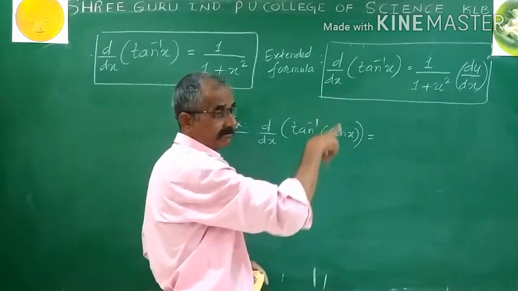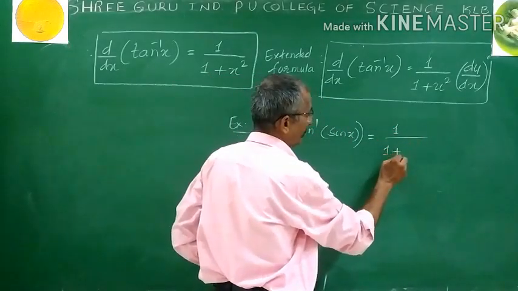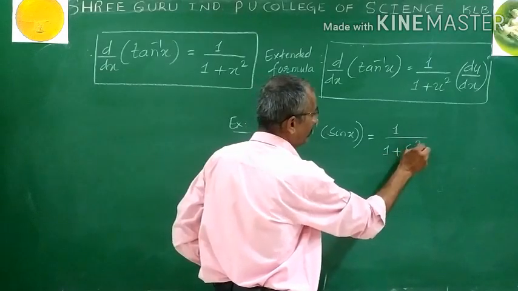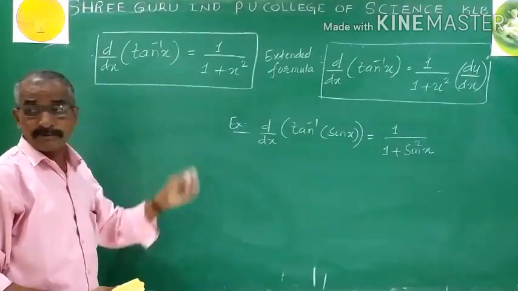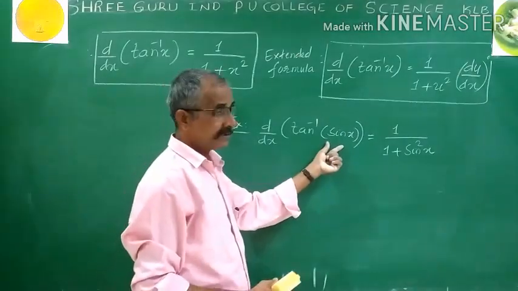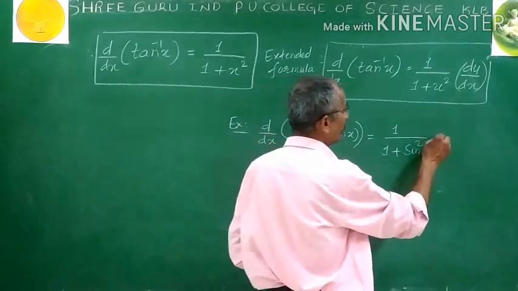So the answer is 1 by 1 plus u square, which means 1 by 1 plus sin square x, into differentiation of u, that is sin x. The differentiation of sin x is already found as cos x.